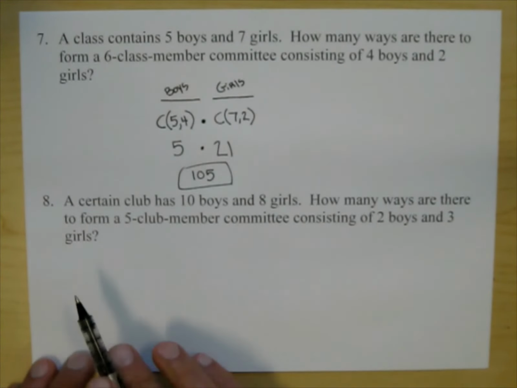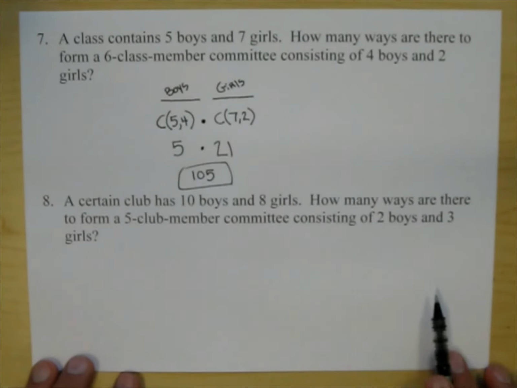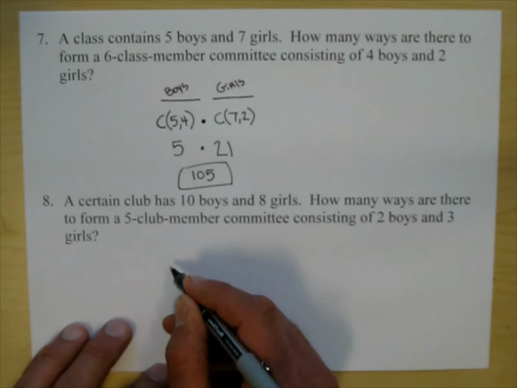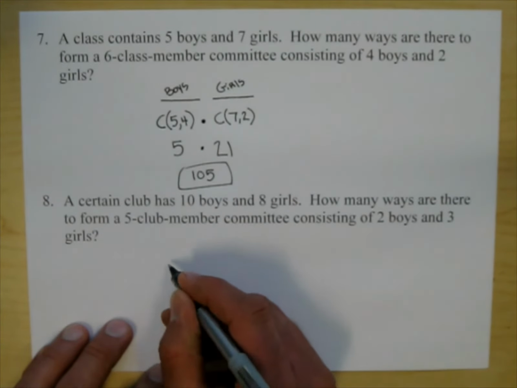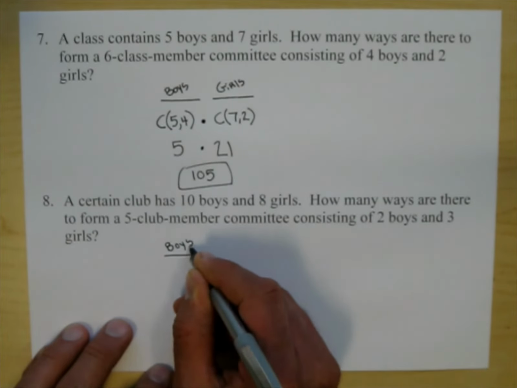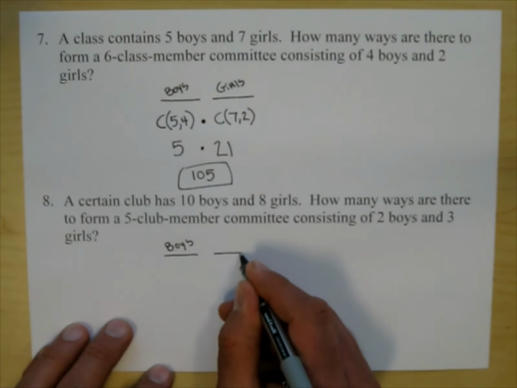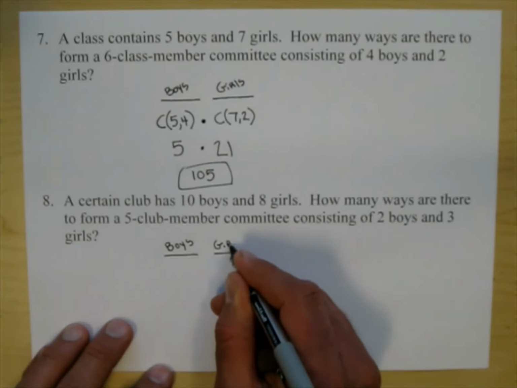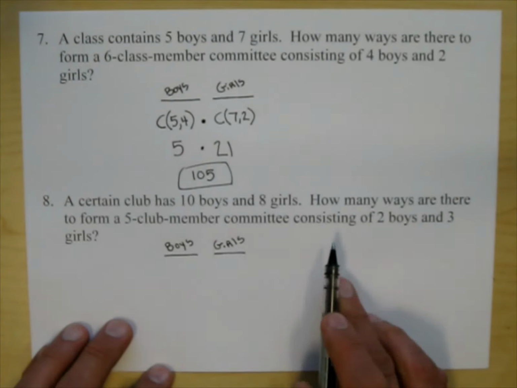Let's go ahead and do problem number 8. Maybe you can pause the video and do this one on your own. It's very similar. Okay, problem 8. So I'm going to go ahead and put a slot for the boys and then a slot for the girls, because what am I doing? Well, it's pretty much the same problem.